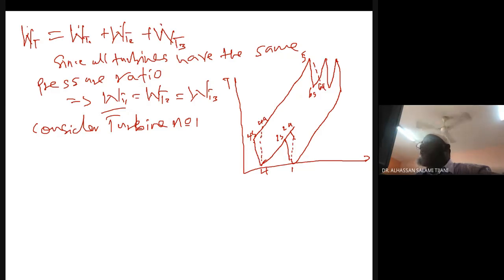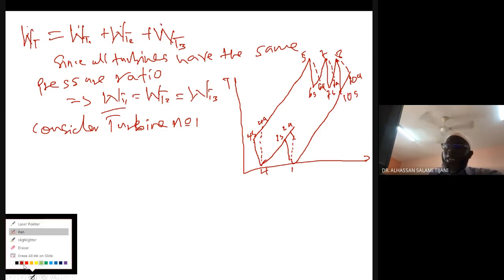And we will have over here 7, 7S, 7A. And then we have 8 over here. And finally, we have 10A and this is 10S. Okay, so be careful over here.